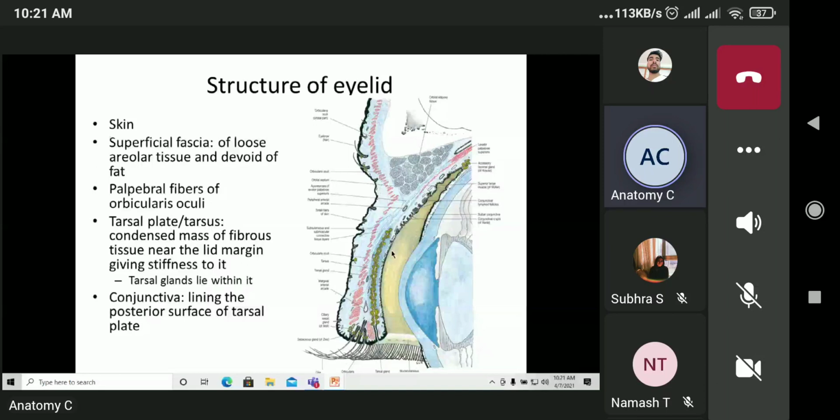The tarsal plates contain bands of fibrous tissue near the lid margin. The tarsal plate gives stiffness to the upper eyelid, and the tarsal gland is located within it. Then the conjunctiva lines the posterior surface of the tarsal plates. So this is the plate, and this is the superior tarsal muscle. You can see all the structures present over here.